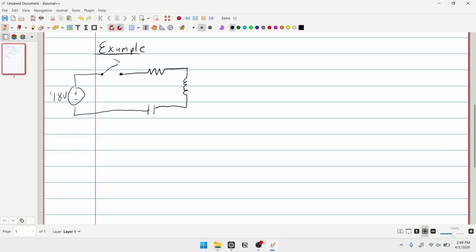This switch will connect the circuit at t equals 0. The resistor is 1,250 ohms, the inductor has 0.1 henries, and the capacitor has 0.4 microfarads. And we're going to assume 0 initial conditions.